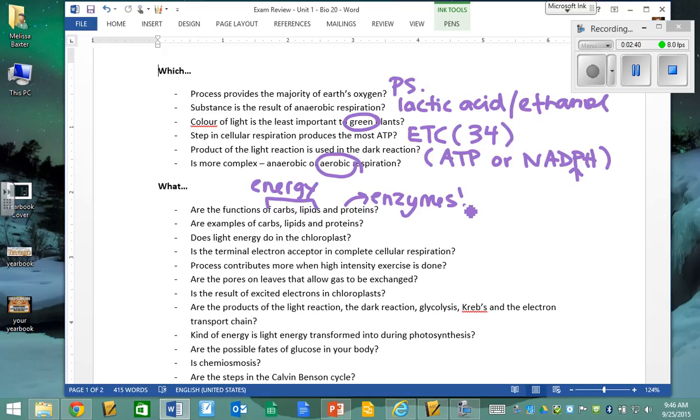Now in the what are examples of carbs, lipids, and proteins? If I showed you a question about the macromolecule tests, but instead of saying carbohydrate, I said apple juice, you'd be like, oh, there's sugar in there, so that has to be a carbohydrate. Or if instead of lipid, I said butter, you'd be like, oh, there's fat in there, so I know that's a lipid.